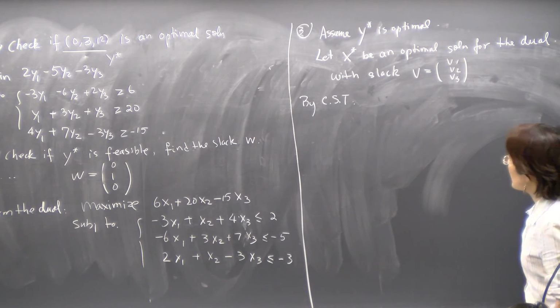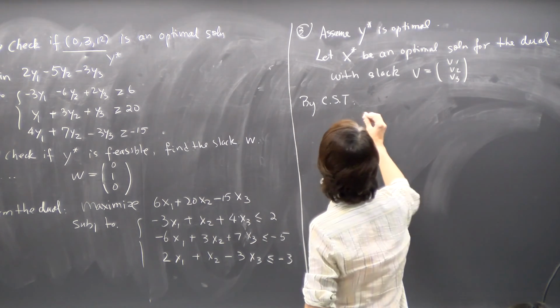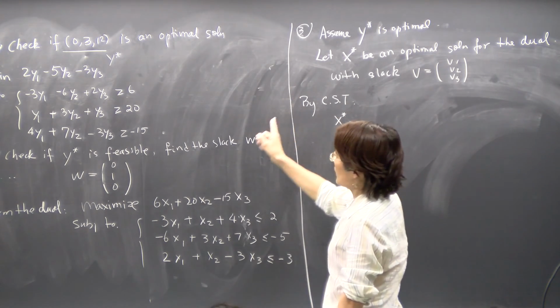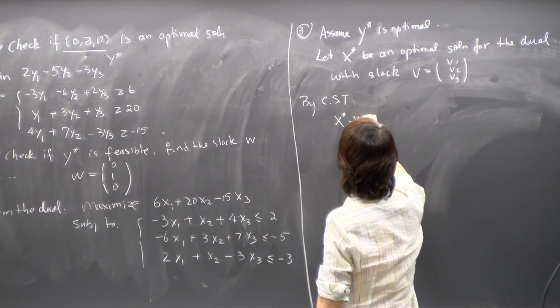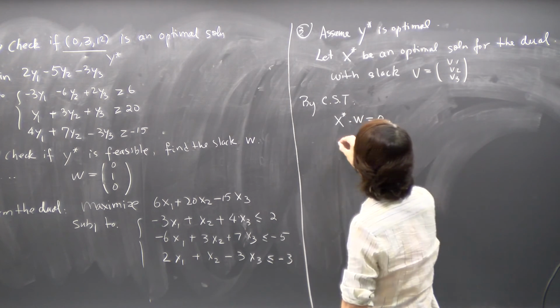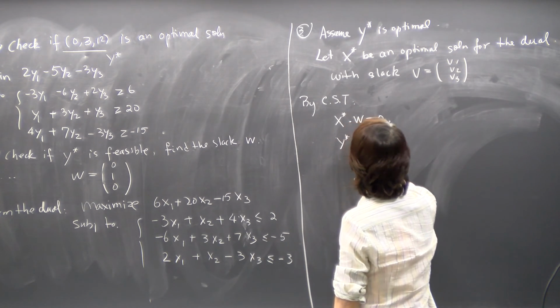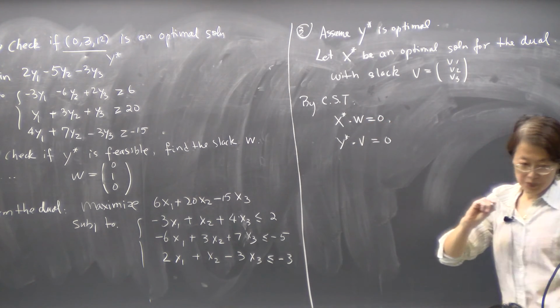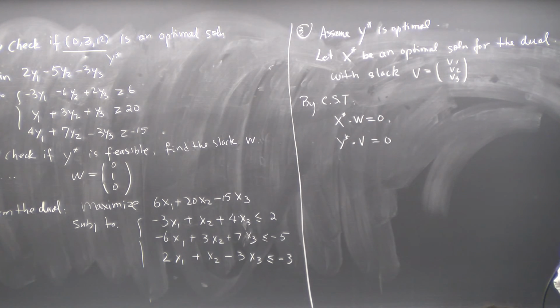If these two are optimal, the theorem says that x star dot the slack for y must be 0, and y star dot the slack for x must be 0. That's basically what that theorem says, right?